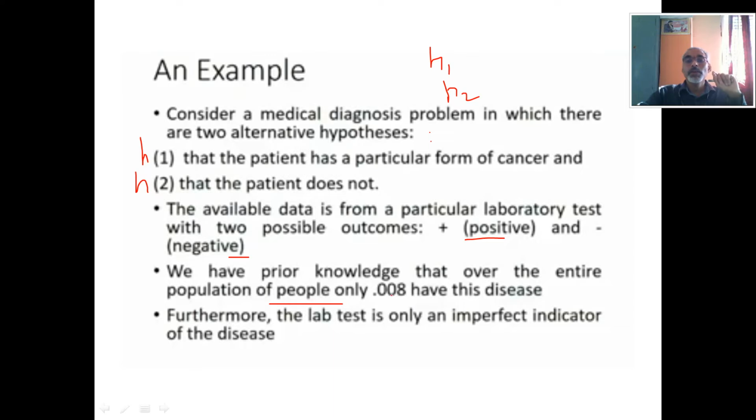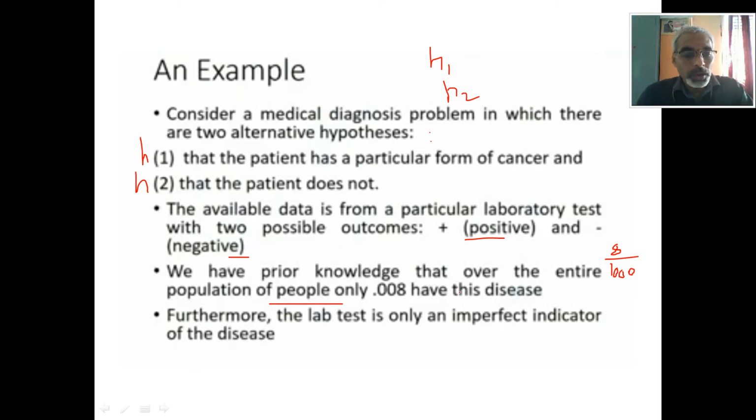It is telling that 0.008 have this disease. That means 8 out of 1000 people are suffering from cancer. So 8 by 1000 is 0.008. So 8 people out of 1000 have this particular disease.